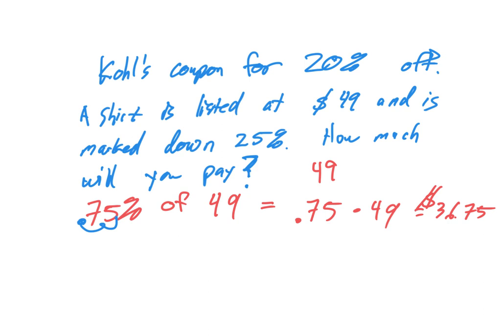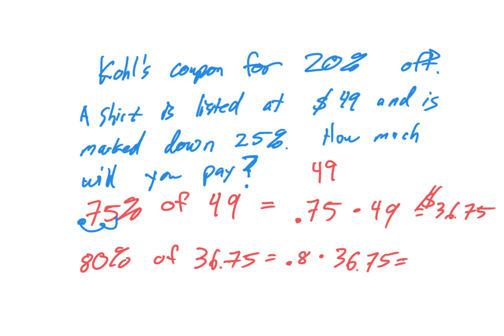So I now am only going to be paying 80% of the $36.75. 0.8 times 36.75 means my out the door cost is $29.40 for a $49 shirt.